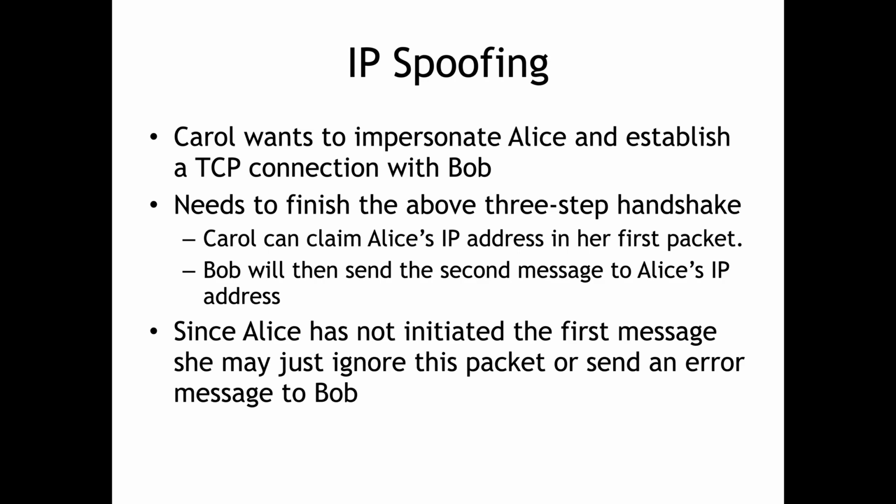Carol finds out about the affair, and she wants to connect with Bob and pretend she's Alice. In order to do that, Carol has to complete the three-way handshake. How does she do that? She can claim Alice's IP address in her first packet.